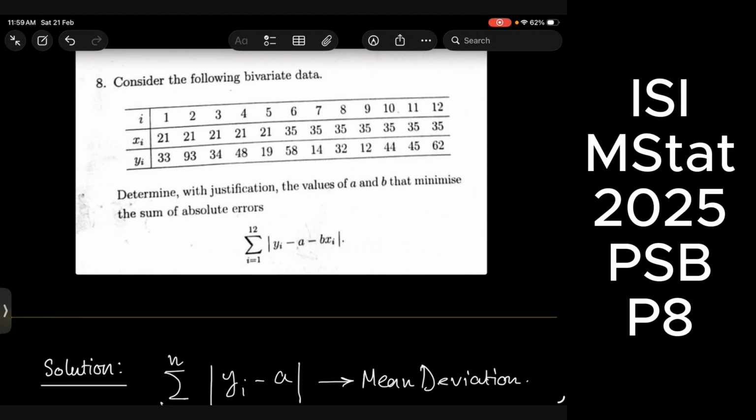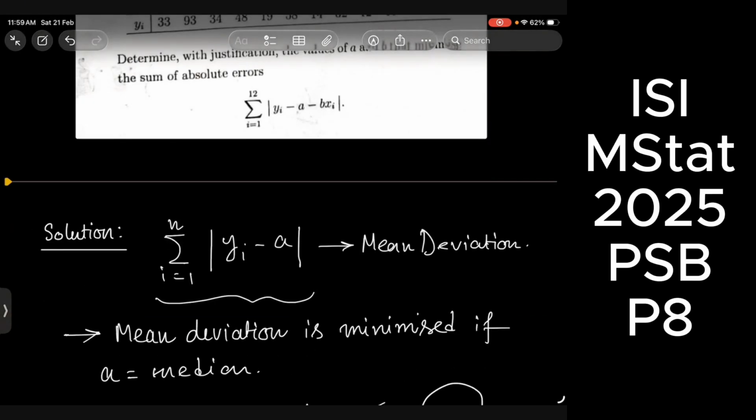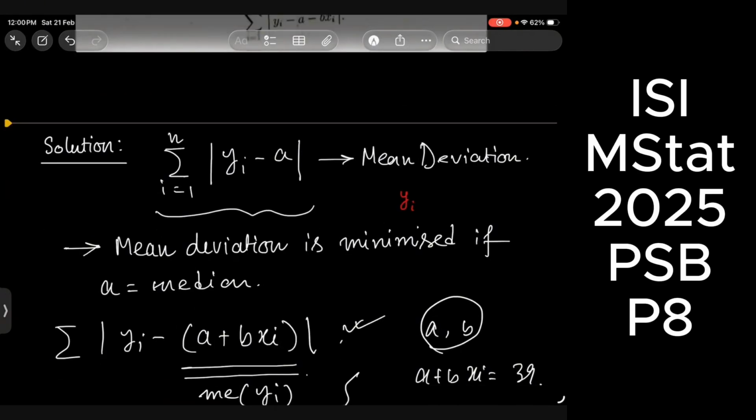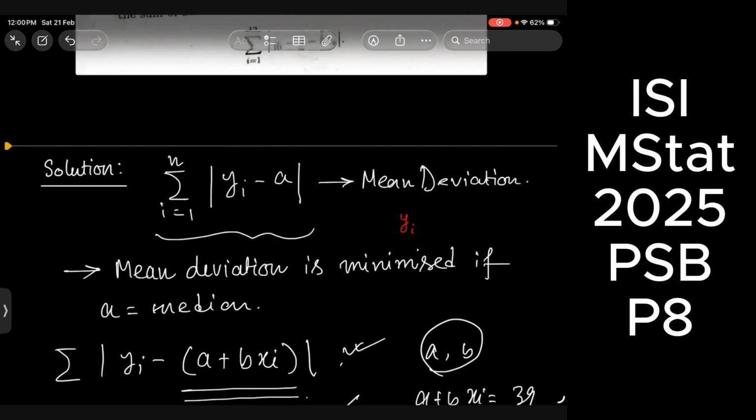How are you getting this error? There are some equations like this, right?